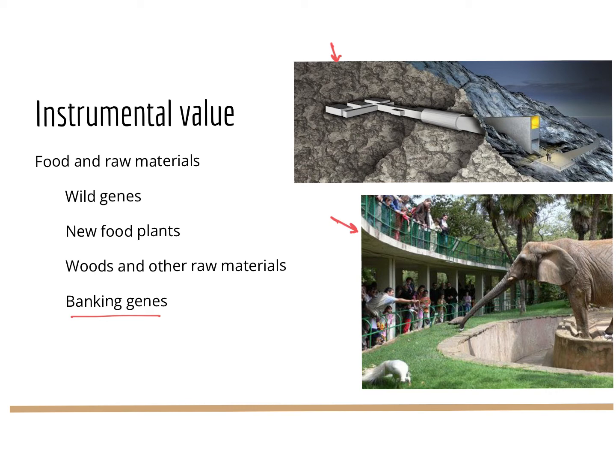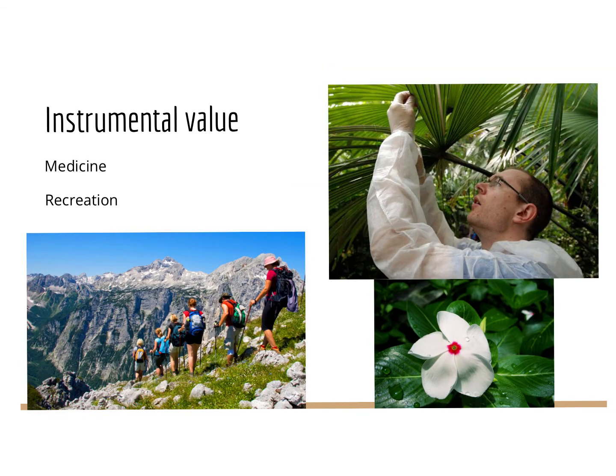And by banking those genes, having these seed banks or having these zoos, if we get a loss in biodiversity in the natural environment, we then have those wild genes as sort of a backup. Maybe we can have new food plants or we can restore the ecosystem in some way. A couple other more instrumental values, these are where it has some use for us, are medicinal or recreation.